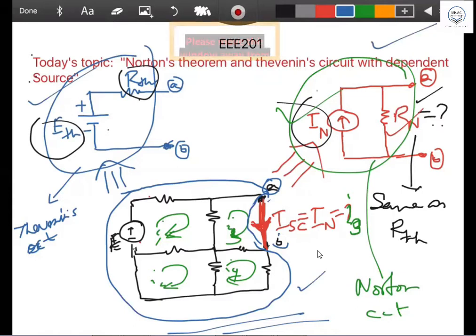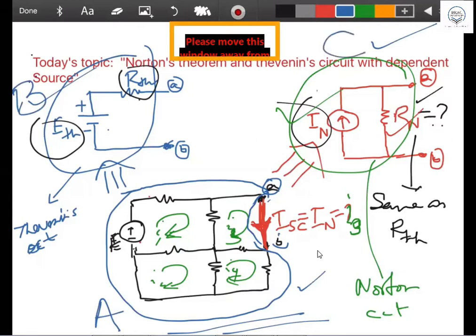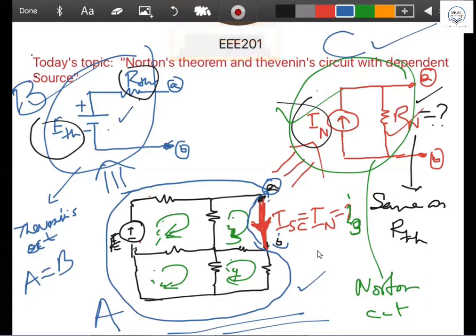Let's say this is A, which is represented by B, and A is also represented by C. What does it mean? It means A is equal to B, right? Because Mr. Thevenin had found the B from A as equivalent. So that means A and B are the same. And again, Norton had found A into C.